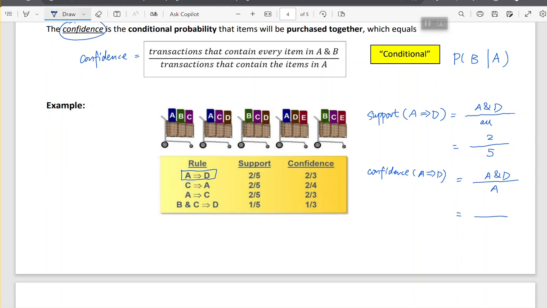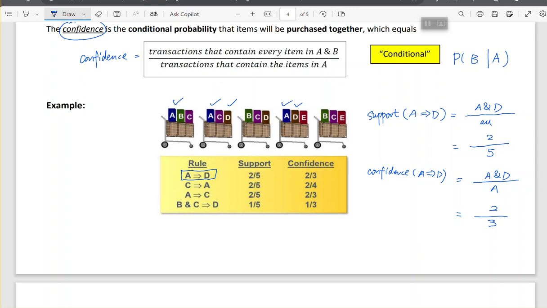I don't care about the other one, right? As long as they have A, so this one, and this one, right? So we totally have 3 transactions that contain A. Now within these 3 cases, how many customers also go and buy D? This one and this one, right? So that would be 2 out of 3.